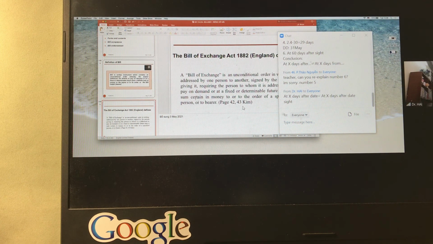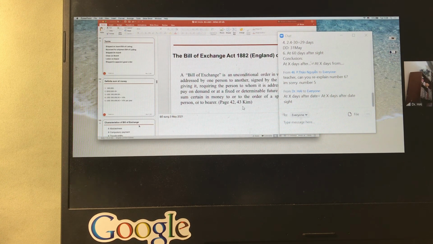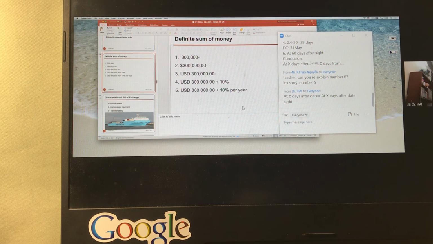I think certain sum may be much better than sum certain, but it is from the definition in the textbook. So now look at the example on the slide. We have 5 cases about the money, the amount of the BE from case number 1 to case number 5.